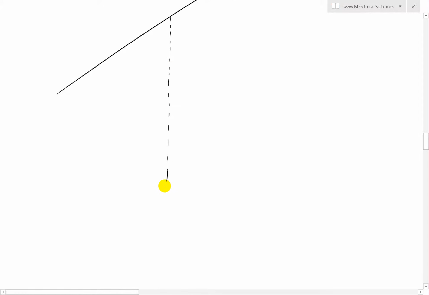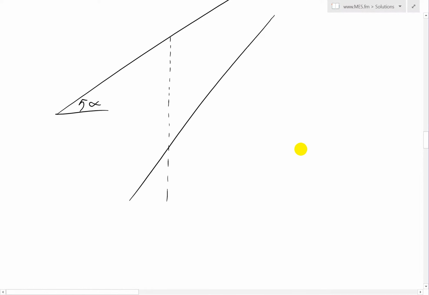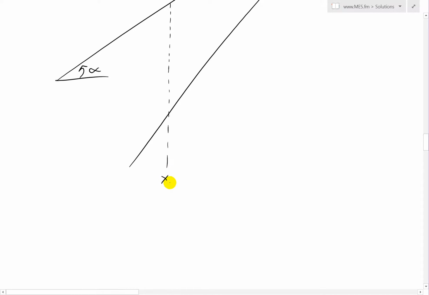So we have this part, where again this angle right here is just alpha, and then I'm going to extend the slanted line all the way until we cross this straight line. So I'm just going to extend it like that, so that we have this is our xi, and then at this very point, this angle here is beta.